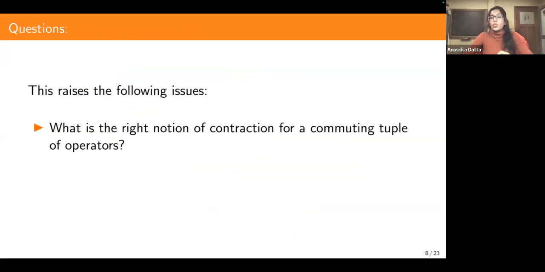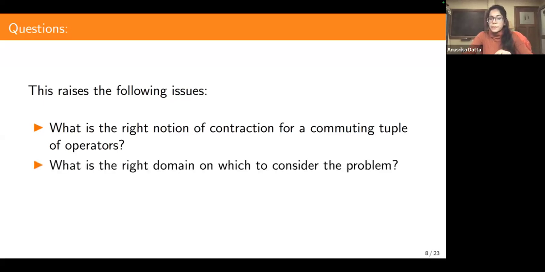The first thing: what is the right notion of contraction? In von Neumann's inequality, we had the operator being a contraction. Here, if we consider an n-tuple of operators and each of them is a contraction, that's not helping us. So we have to figure out the right notion of contraction for a commuting tuple of operators. The second thing to think about is the right domain where we can consider the norm such that we can get such an inequality.